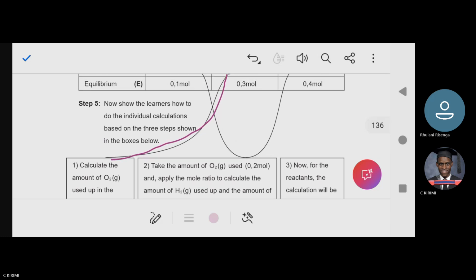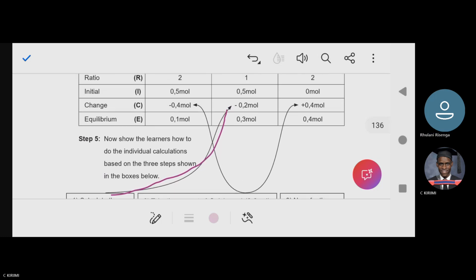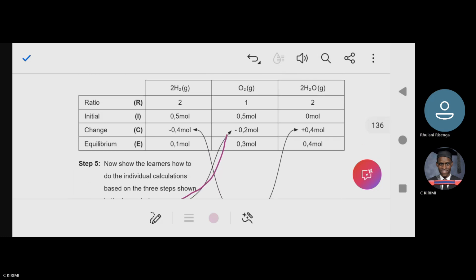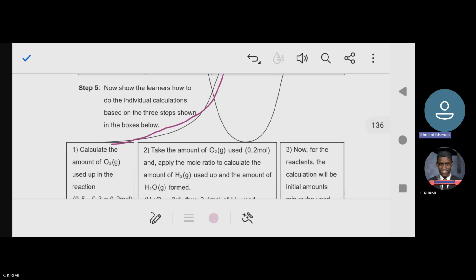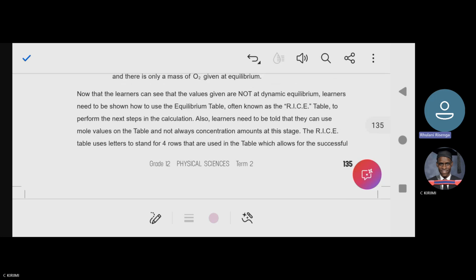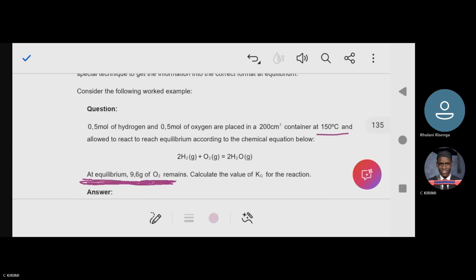0.3. How do you know? You say 9.6 grams divided by 16 times 2. So it's 9.6 grams divided by what? 16 times 2. 16, because you are referring to oxygen.